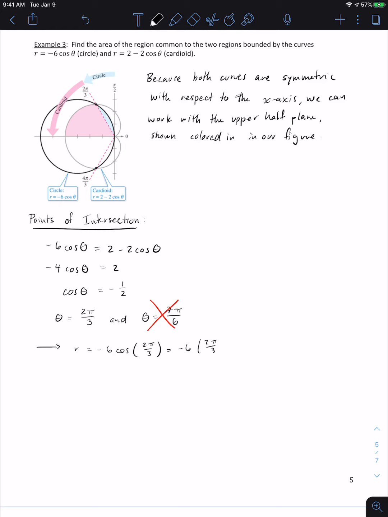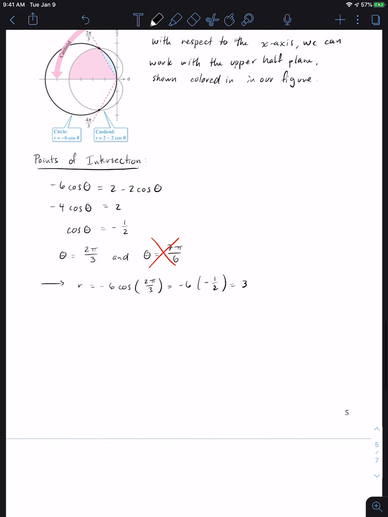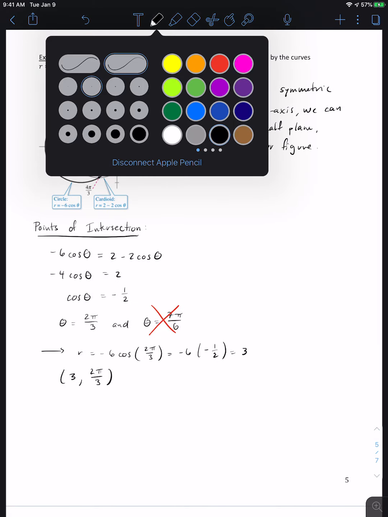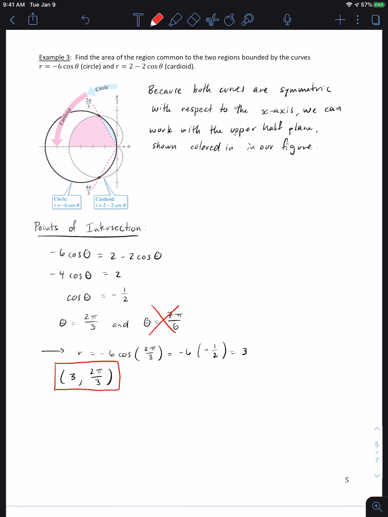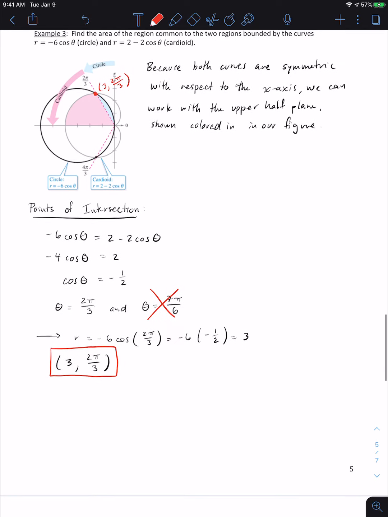Sorry, I'm talking and writing two different things. So this ends up being +3. So my point of intersection is going to be the point 3, because the radius is 3, at the angle 2 pi over 3. I'll go ahead and box it off in red. That's what this point is right here. This is the point 3, 2 pi over 3.